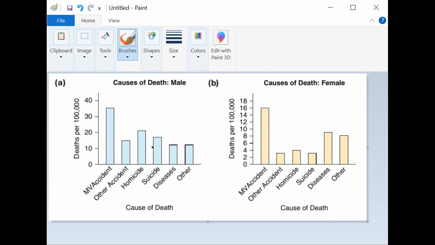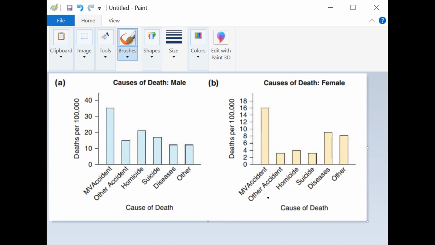Again, that optical illusion strikes again, where the bars look like they're the same height, but the y-axis here goes up to 40, and the y-axis here goes up to 18. Okay, so you mentioned the modes in both cases, and maybe you mentioned the relative heights of the modes.